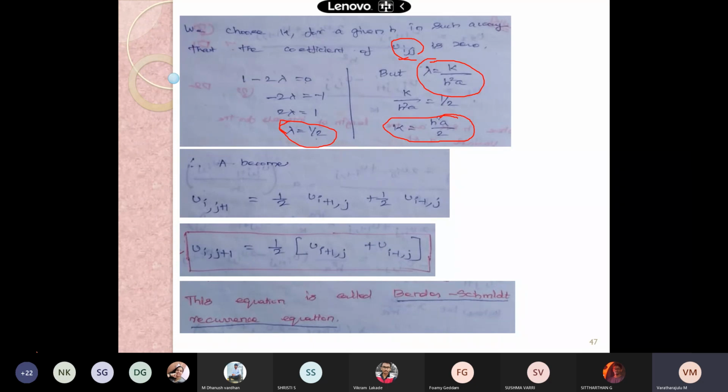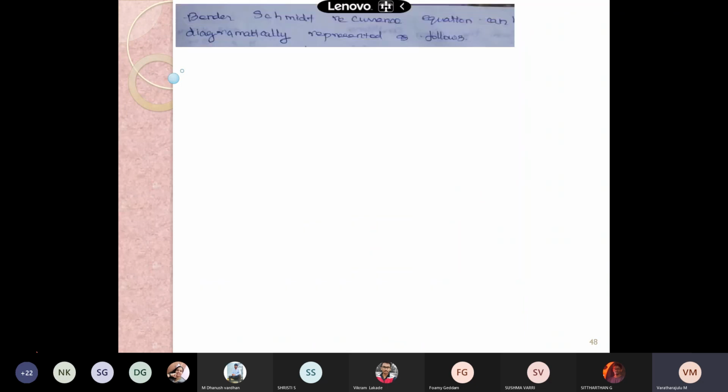When 1 minus 2 lambda is equal to 0, that is what lambda is, during that condition lambda becomes 1 by 2. Even in that scenario, when we are observing that scenario, that would be the Bender-Schmidt recurrence equation.